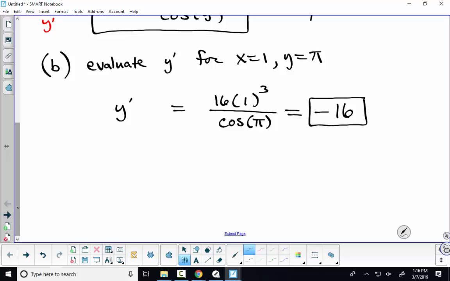The notation, you might see a bar here with the point, just so we're clear that we're evaluating y prime at (1, pi) and it's not just y prime.